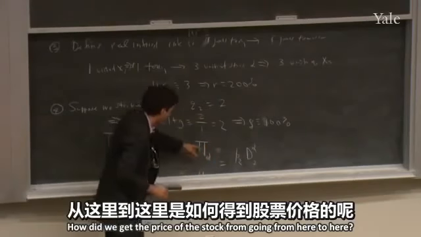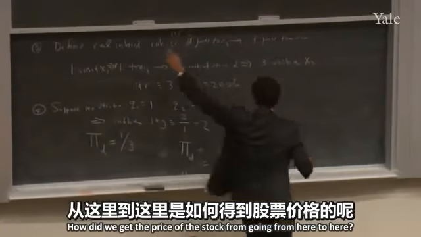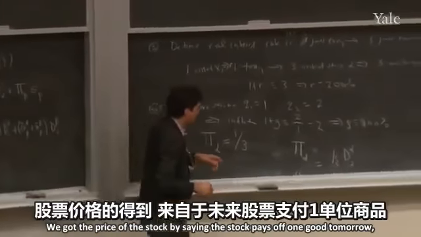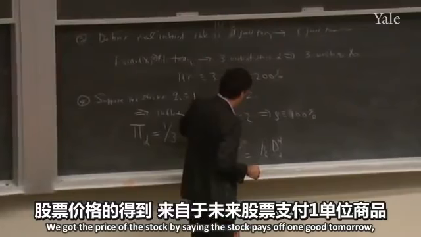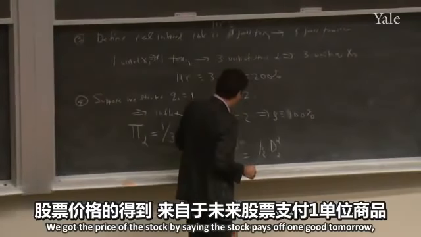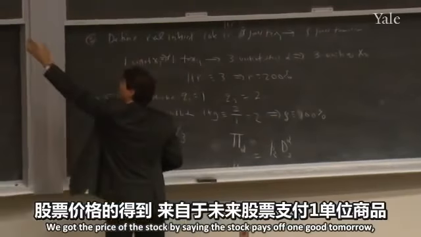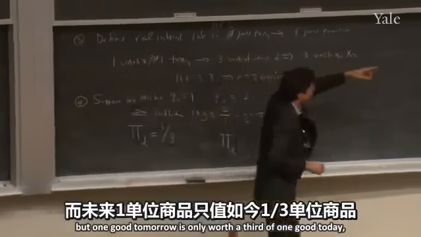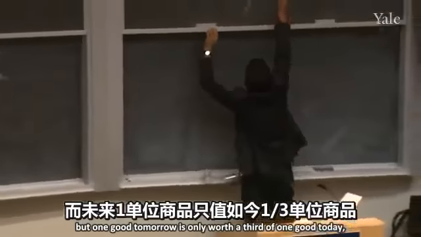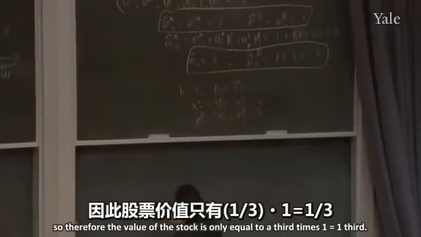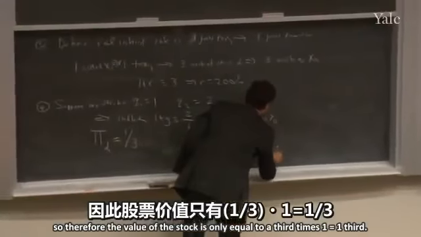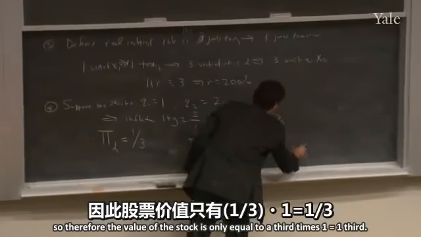What would Fisher say? Fisher would say, how did we get the price of the stock from going from here to here? We got the price of the stock by saying the stock pays off one good tomorrow, but one good tomorrow is only worth a third of one good today. So therefore, the value of the stock is only equal to a third times 1 equals 1/3.